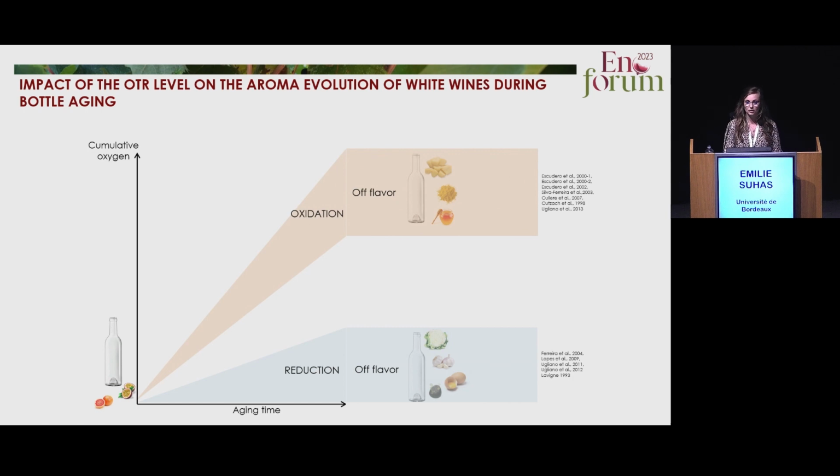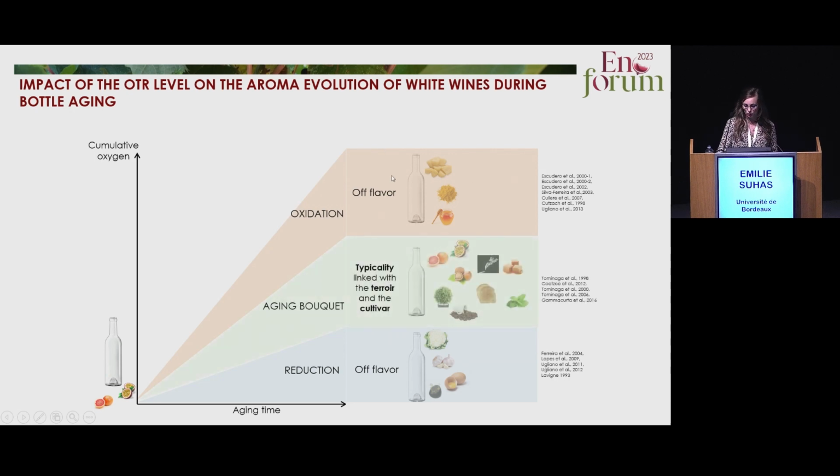On the other hand, when you have excessive oxidation, you develop off flavors associated with curry, boiled potatoes, or honey. And it's only when you have a moderate and controlled amount of oxygen that comes into contact with the wine that the wine can express the aromas that are typically linked with the terroir and the cultivar. Therefore, it expresses its full typicality or typicity.